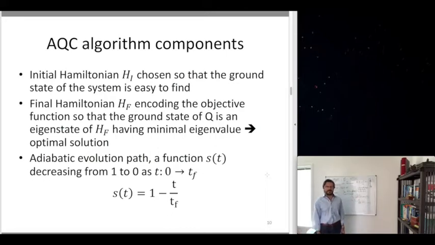It's the optimal solution. The adiabatic evolution path, so the system also evolves over time. The adiabatic solution path is a function s of t decreasing from 1 to 0 as t approaches tf, where t goes from 0 to tf, the final time.